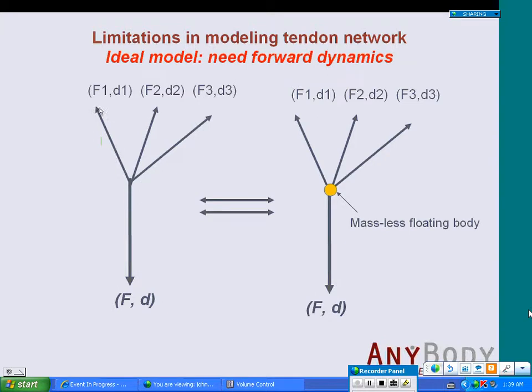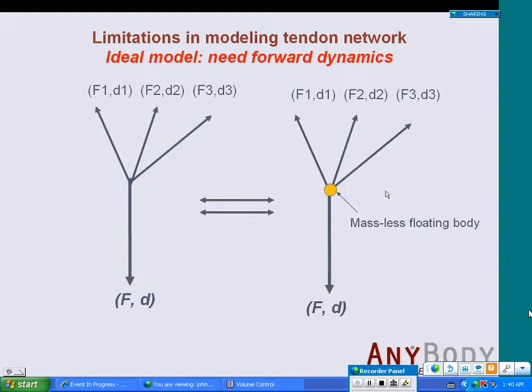So theoretically, if one tendon has three branches, if you want to simulate strictly, you have to apply a massless floating body. Then the main tendon attaches to this location, then three other tendons branch. And when you apply the force, this free body will find its equilibrium location.